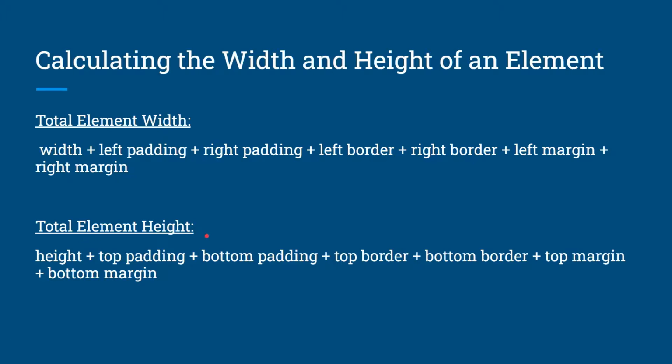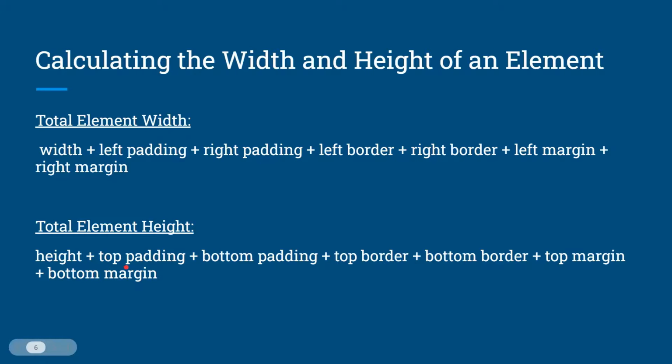And for height, it's very, very similar. First, you would add the actual element's height. Then instead of left and right, it would be the top padding, the bottom padding, the top border, the bottom border, the top margin, and the bottom margin. So you can think of width as left and right, and you would add all of the left and right values, I guess. And then for height, it would be top and bottom.